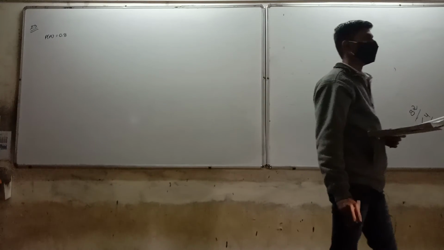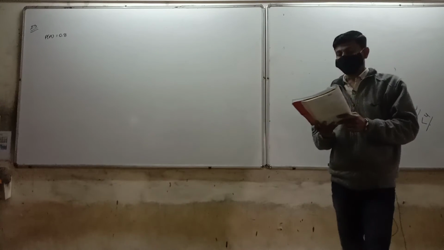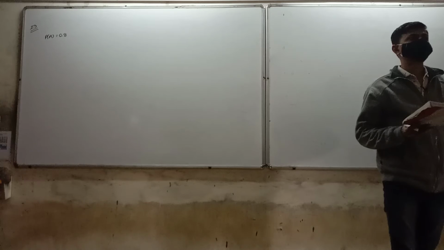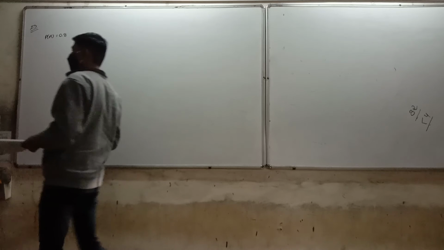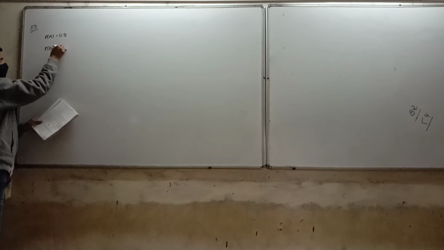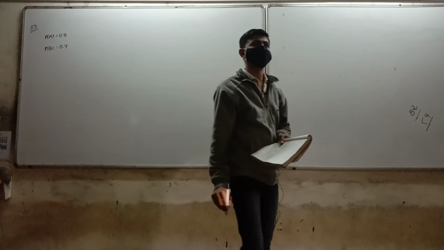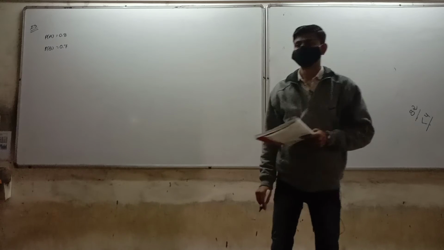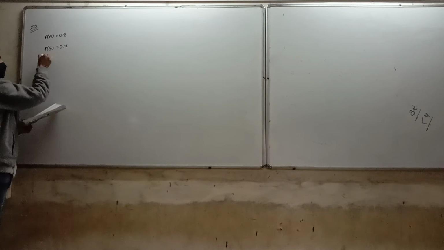New line, event B is equal to rain on Friday. P of B is equal to 0.7. Yes. Friday and last Saturday, rain on Saturday. Event C is equal to rain on Saturday, so P of C is 0.6.